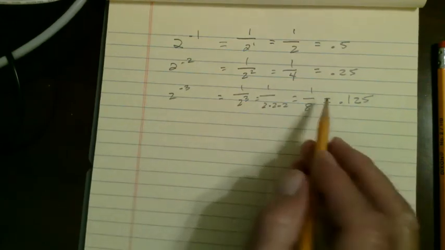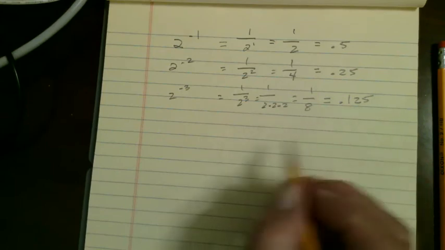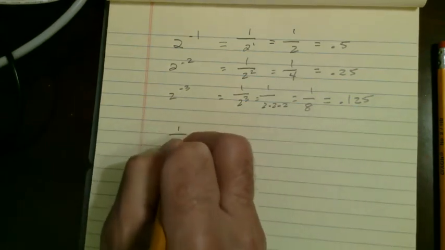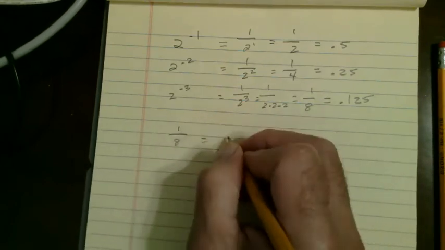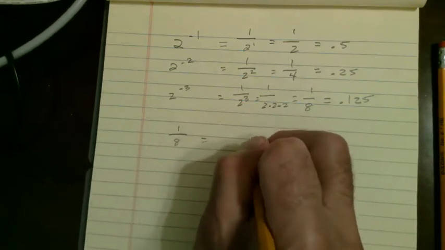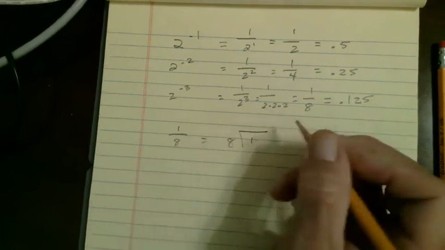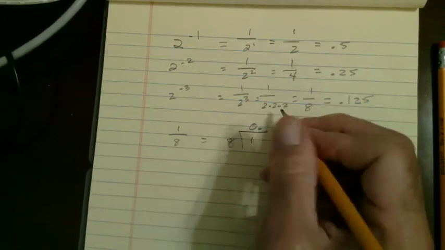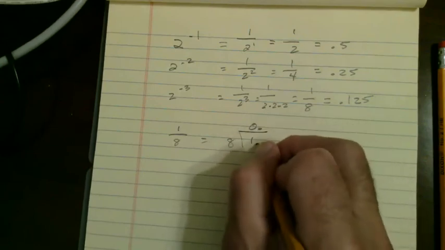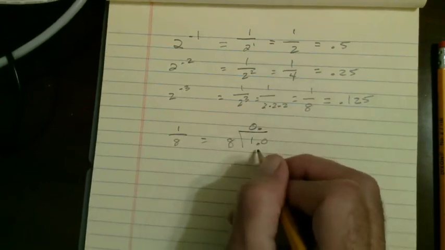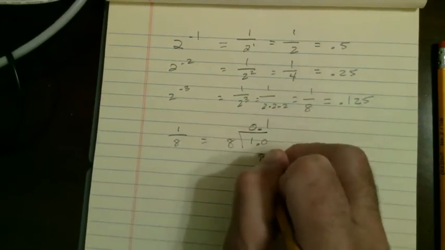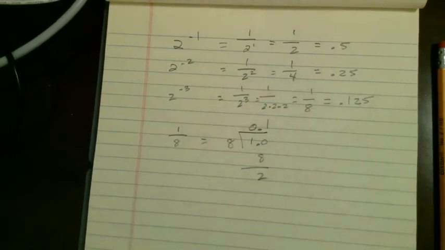And if you're wondering, how do I get 0.125? Well, think of it, it's 1 over 8. It's 1 divided by 8. 8 can't go into 1, so we write a 0, put a decimal place. 8 can go into 10, which goes in 1 time. That's 8. I get 2 remaining.